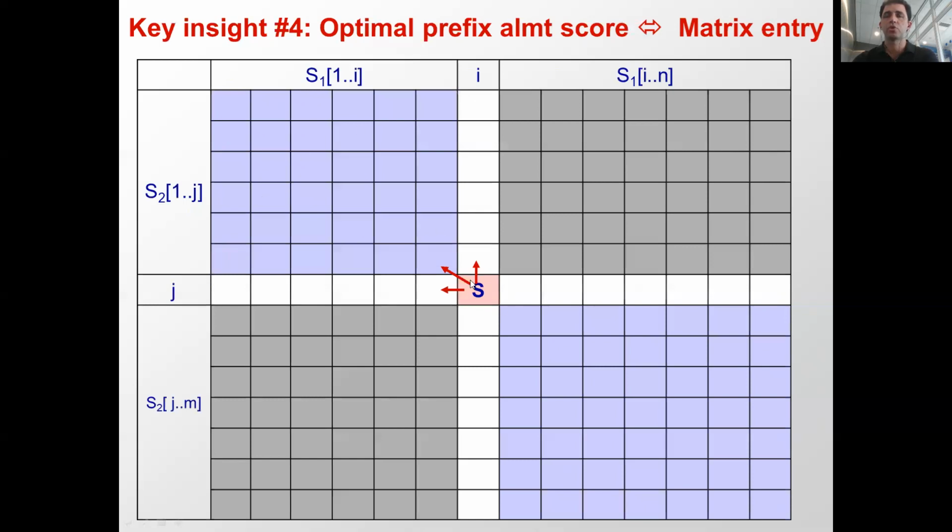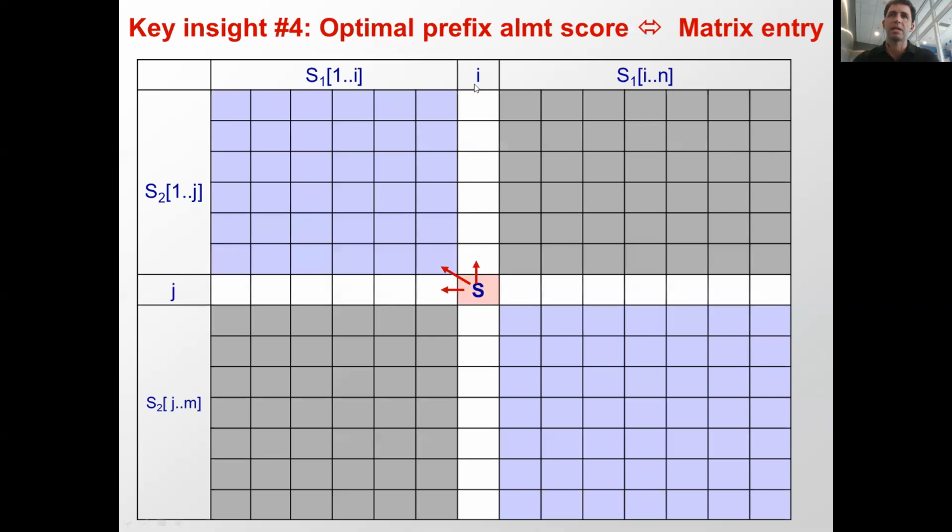And then that score, the maximum score that I could possibly obtain by aligning those two sequences, will be stored here. And that will allow me, when I'm computing the next entry, to choose whether I want to move from here, from here, or from here, which would correspond to a gap in this direction, a gap in that direction, or a match in that direction.